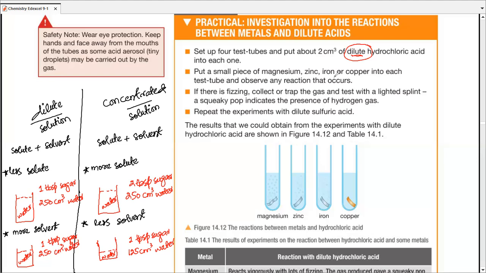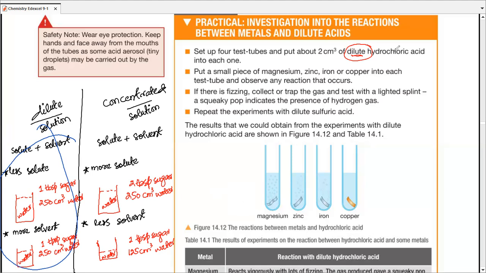So this would give you the idea that we have less amount of hydrochloric acid and we have more amount of water. So this dilute term would give you either one of these ideas, and you understand what this absolute dilute term means. I hope it gives you the idea clearly.